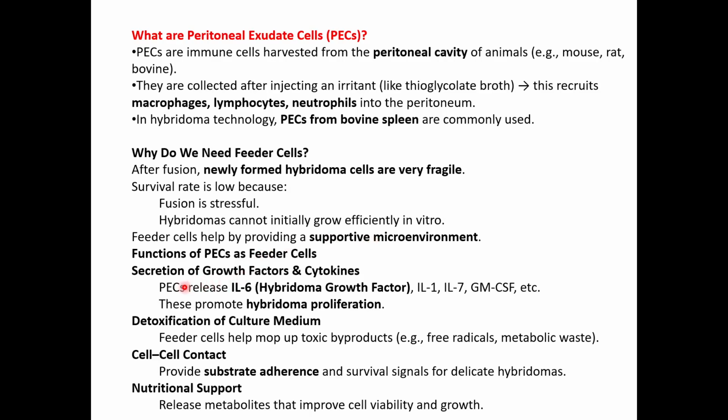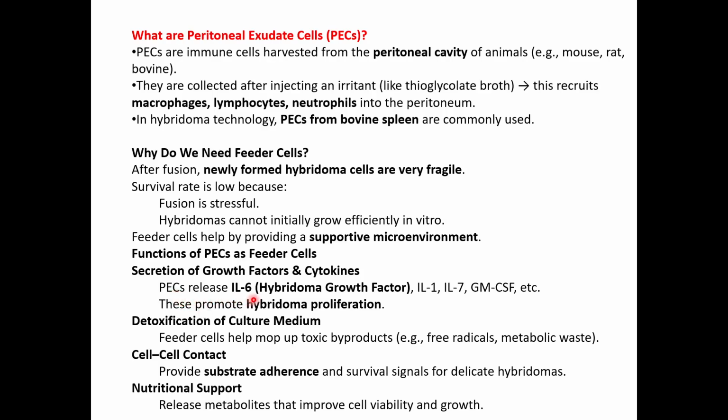Functions of PECs as feeder cells: it helps in secretion of growth factors and cytokines. Cells in vitro need many factors and many nutrients for them to survive and grow properly. Important things like growth factors and cytokines, which help the cell to grow, communicate and adhere properly, are all released by PEC cells.